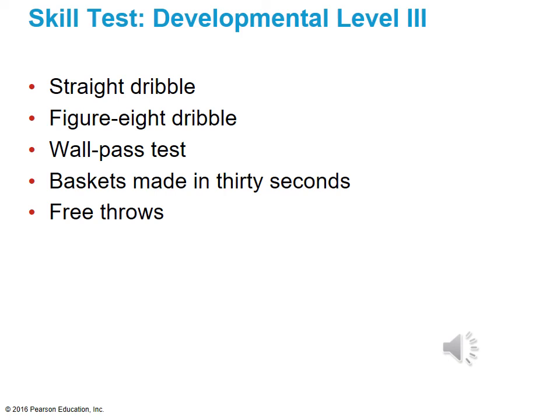The figure 8 dribble, we have that in our outline, where you put 3 or 4 obstacles such as cones, about 5 feet apart, and they have to dribble in and out of the markers. And again, you give them 2 or 3 tries, and you take the best time. The wall pass test: they stand about 5 feet from the wall, and they have 30 seconds to see how many times they can catch the ball. Another student is doing the counting, and you only give them 1 try.